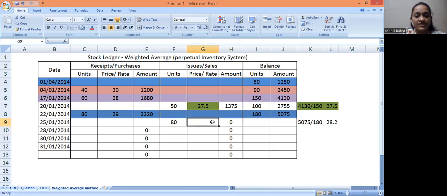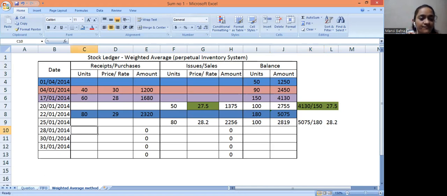So here you will take 28.2 and you will get 2256 as your total amount over here. Out of the 180 units, you have sold 80 units. So you are left with 100 units and the balance will be calculated as this amount minus this amount. You will get 2,819 rupees as your balance.